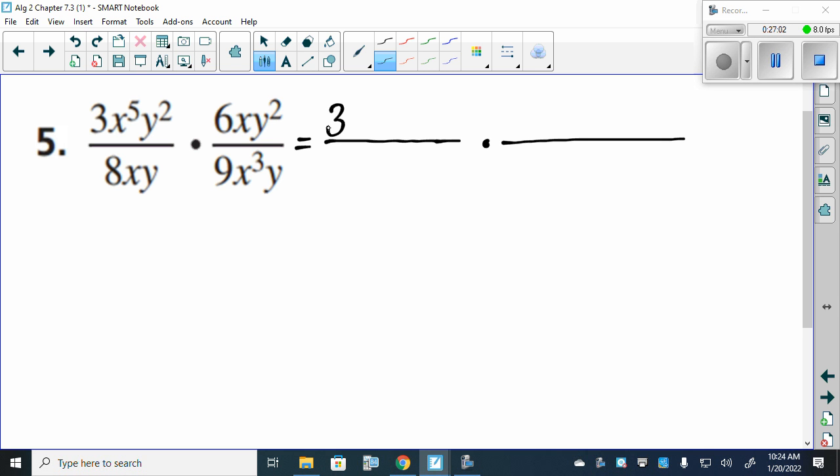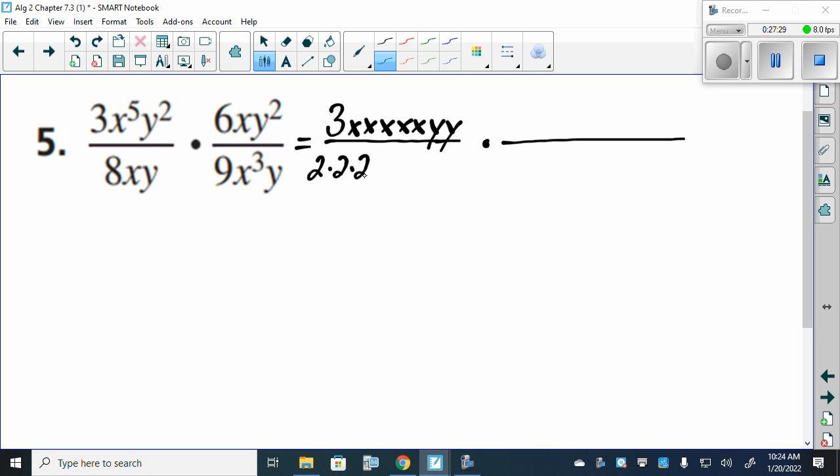But when we have x to the 5th, it's really telling me that I have x multiplied by itself how many times? 5. So what we can do is say 3 times 1, x, 3, 4, 5 times. And we can also say that we have y squared, so we would have 2 y's.